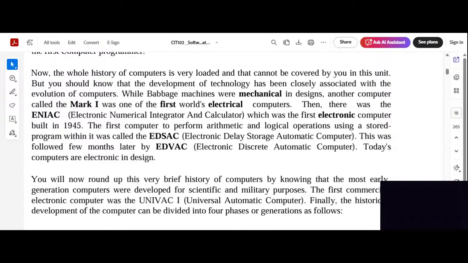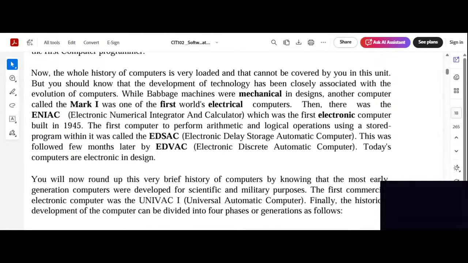So Mark I is the first electrical computer. ENIAC is the first electronic computer built in 1945. ENIAC came into the picture in 1945. It was the first electronic computer.